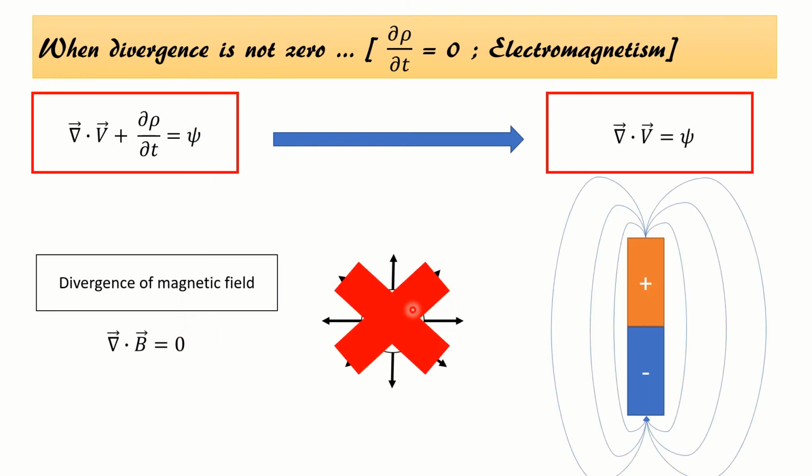So in this, but instead of a free magnetic pole, you have a system which consists of a positive and negative bar, like this.